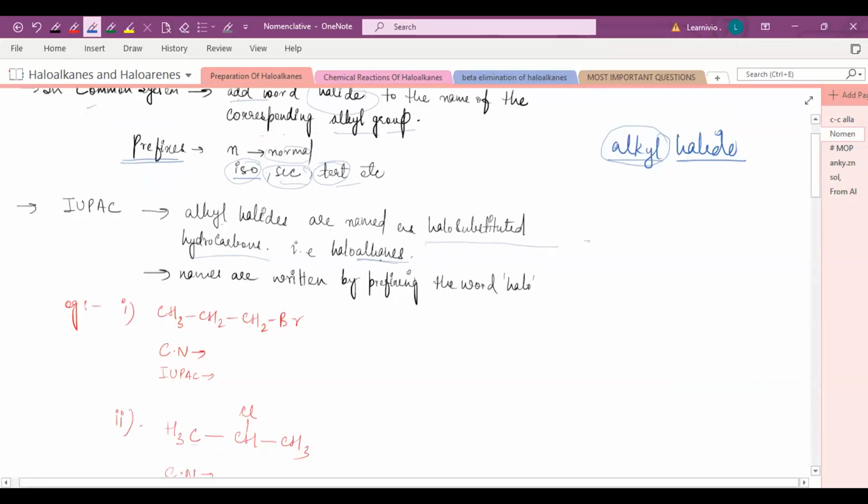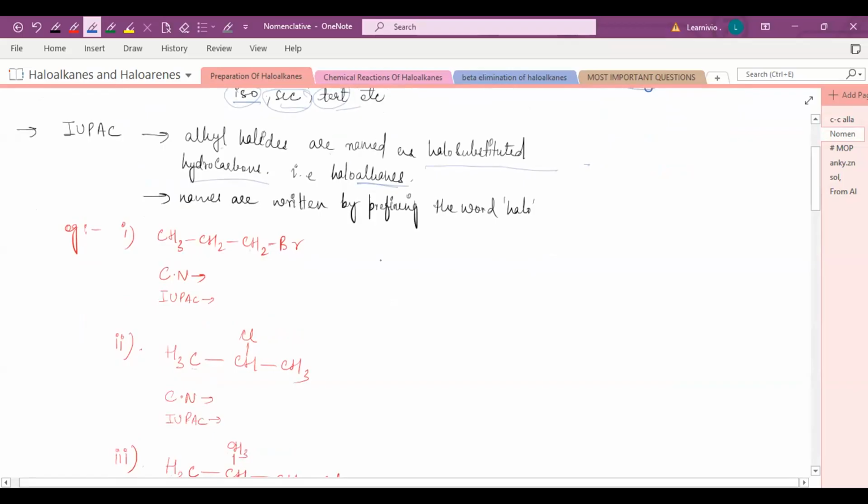Suppose, first example, see this question. Bromine is attached to this carbon, right? And this is a 3-carbon chain. So what is the common name of this? You can see there is no branching here, right? The straight chain you can see here. So for the straight chain, the normal chain, what do we write?